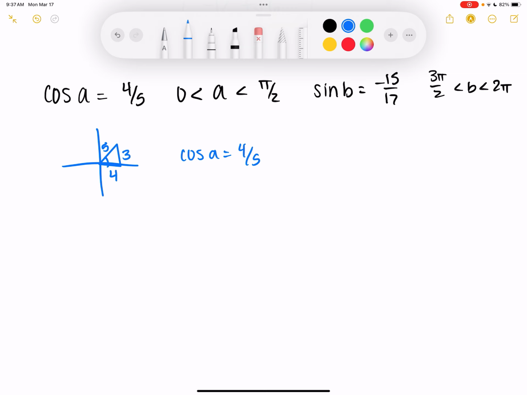So at this point, what I want to do is find the sine of A and the tangent of A, because for the sake of these problems, all I care about are sine, cosine, and tangent. That's the only thing in my formulas. So sine of A would be what? 5 over 4. No. 3 over 5.